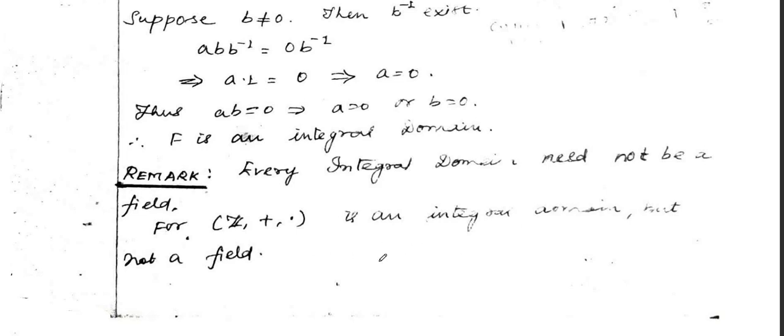This is not a field because when you consider any non-zero element a, its inverse will be 1 by a, which is not present in Z. Only for a equal to 1 and minus 1 does the inverse exist, not for the rest. For example, if you consider 2 or 3 or anything, 1 by 2 and 1 by 3 are not present in the set. So it is not a group under multiplication, so it cannot be a field.